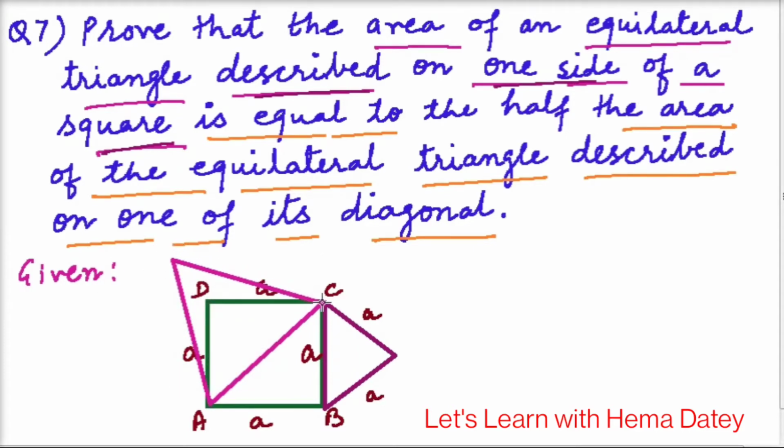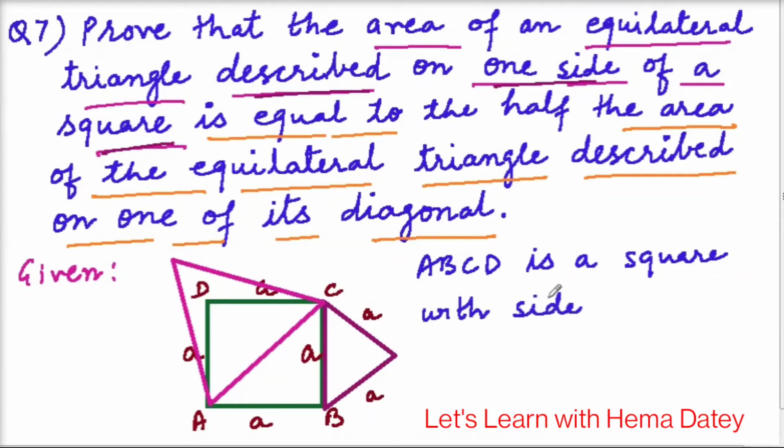Let's write that: ABCD is a square with side A and diagonal AC.